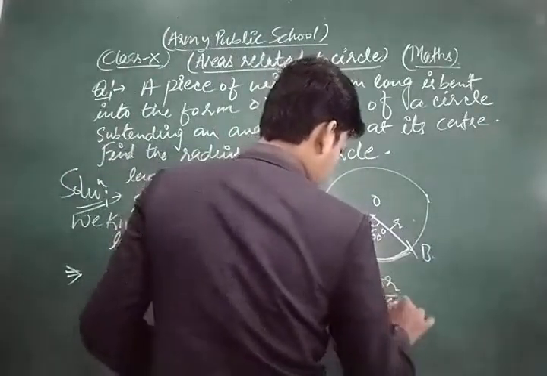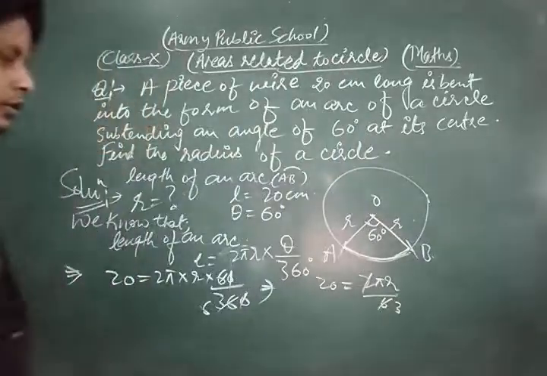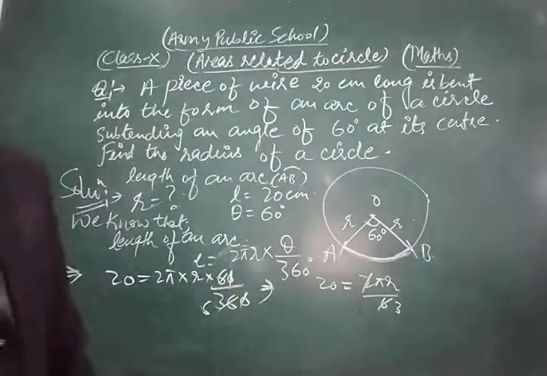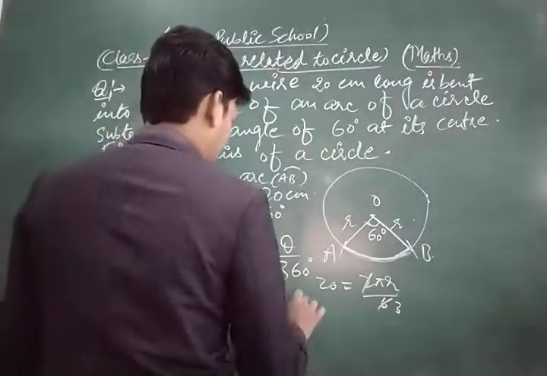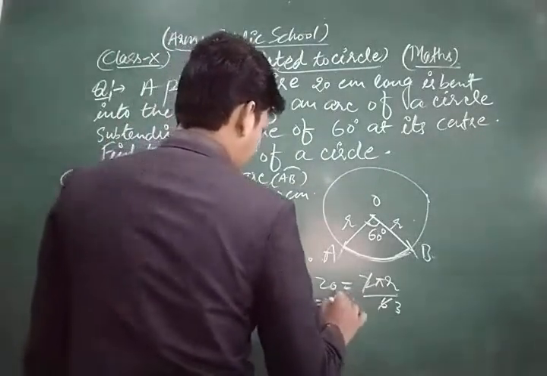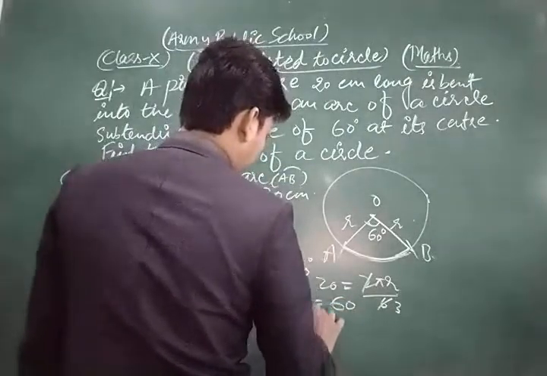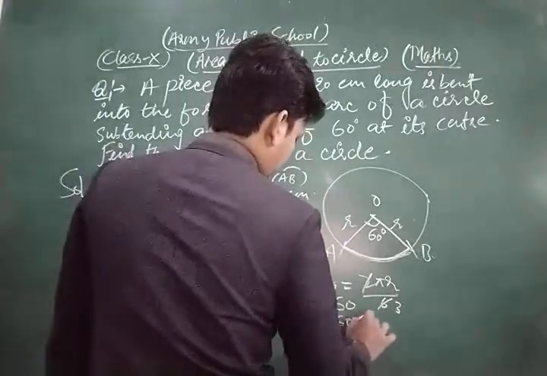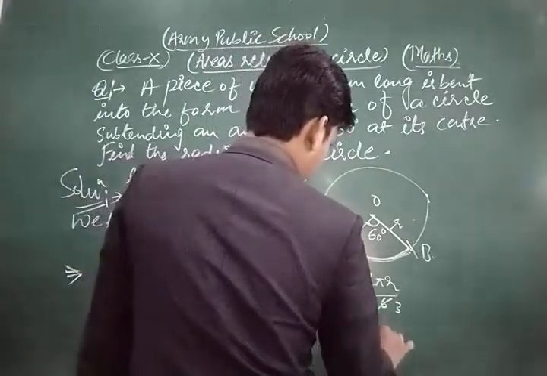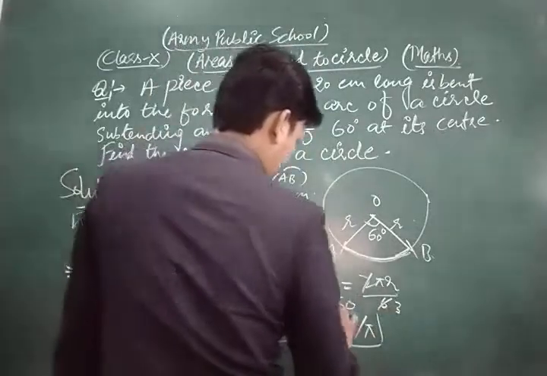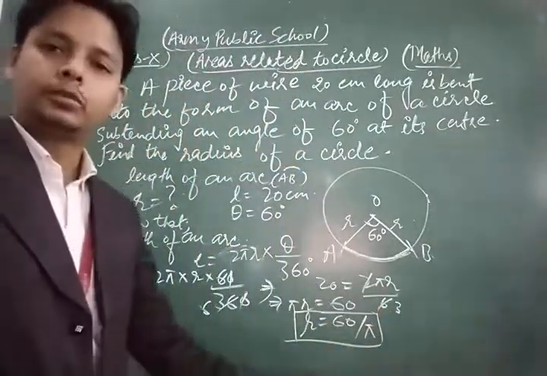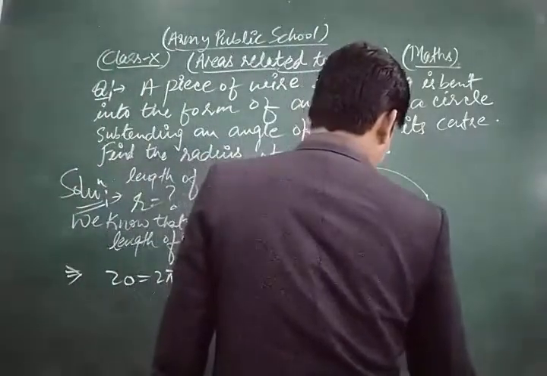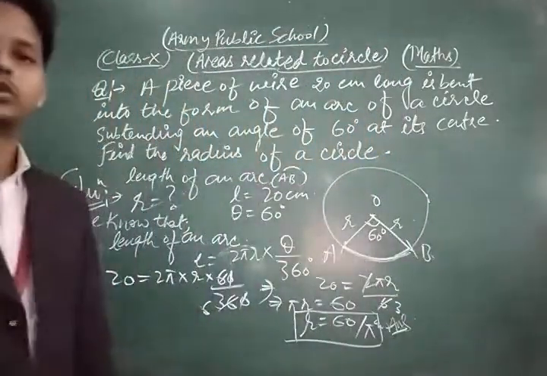Now 2 3s are 6. So pi r is equal to 60, so r is equal to 60 upon pi centimeter. Okay, so this is the solution of the given question.